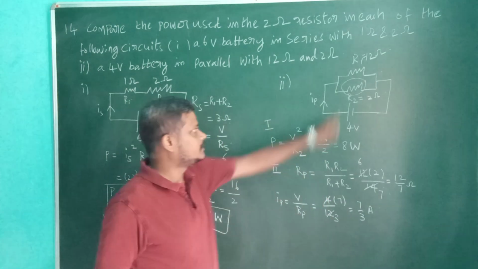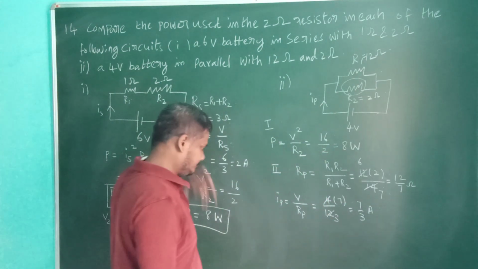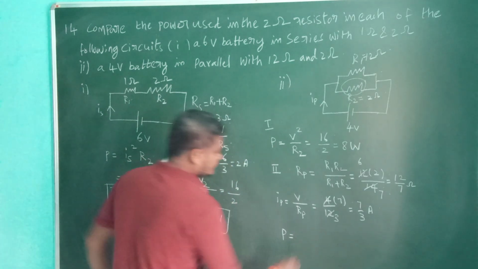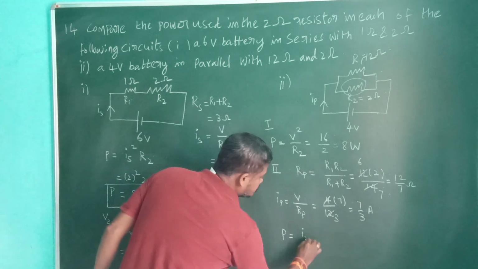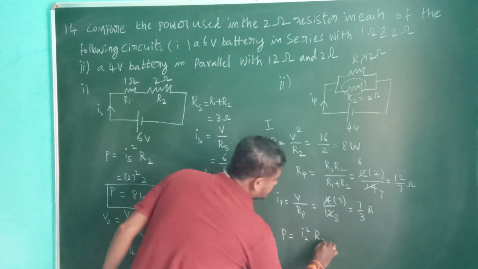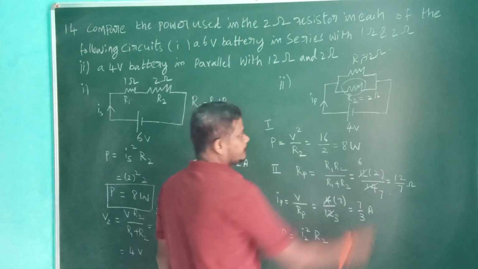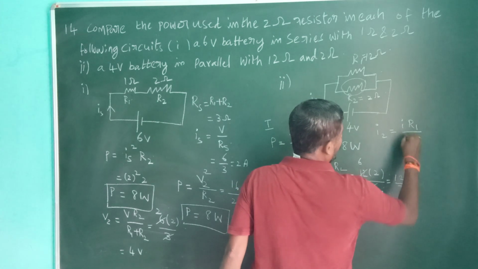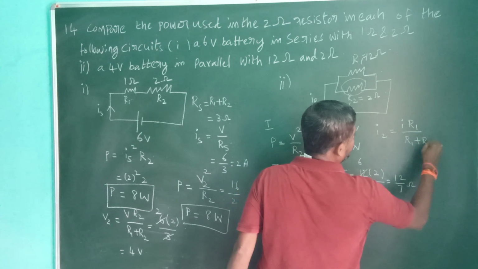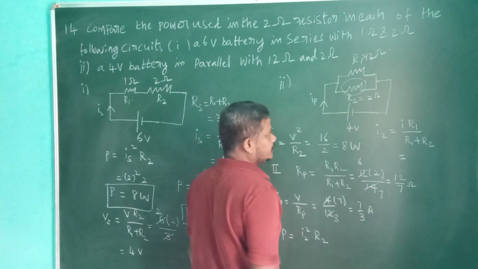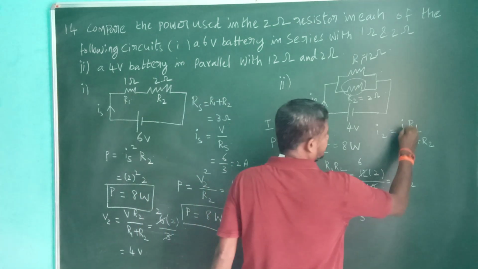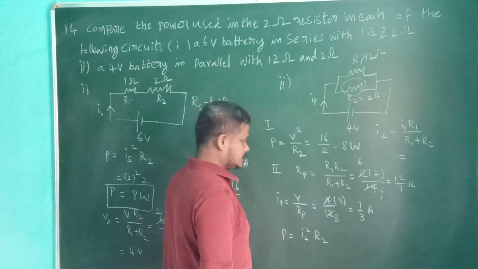Now power dissipated in R2 is given by I2 square R2, where I2 is given by I R1 by R1 plus R2, that is I is IP here, that is 7 by 3.